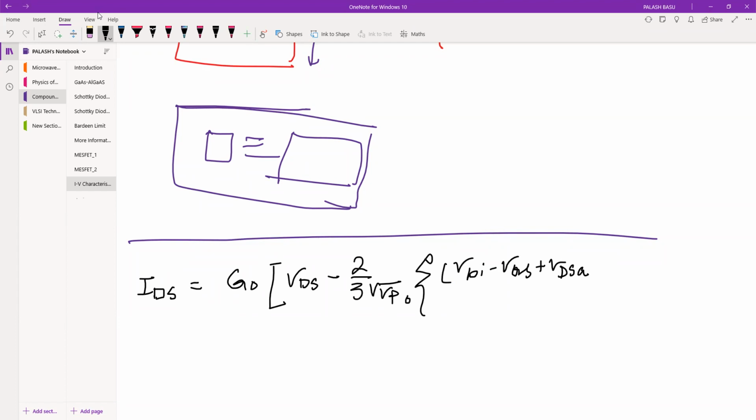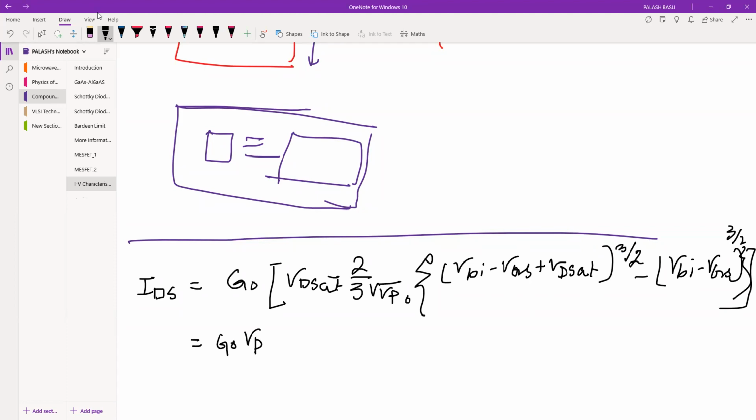Let us represent it at saturation, just the saturation voltage, because everything is happening at the saturation point, right? So nothing is happening in the linear zone. Let us represent it in the saturation zone. You take G0 common, so you will get the same expression.